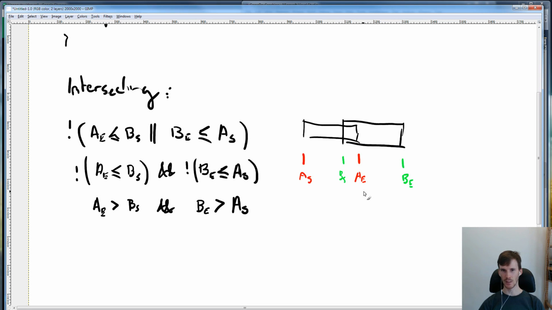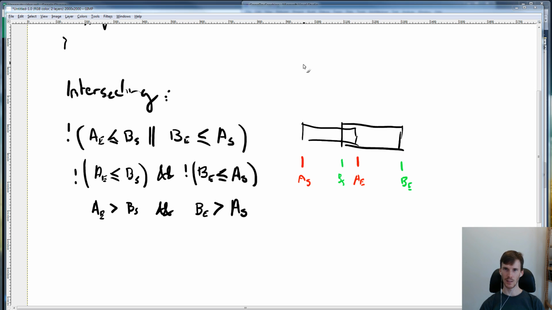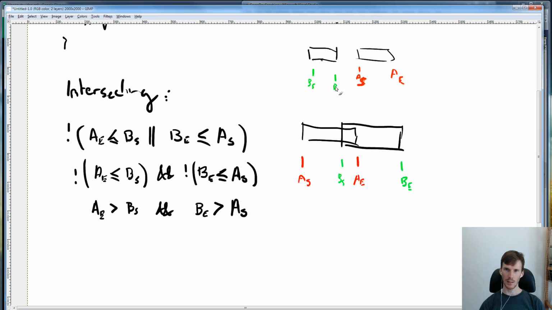So you can imagine one of the other combinations, like that and that. If B came all the way along that way, we'd have A start and A end, and B start and B end, and we look at this: is A end greater than B start?